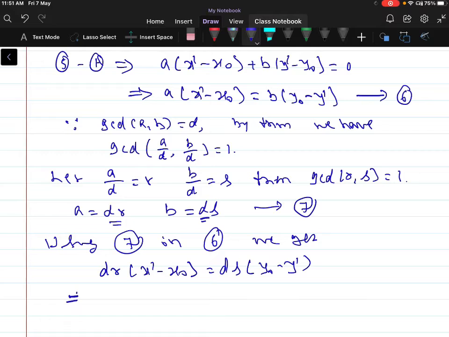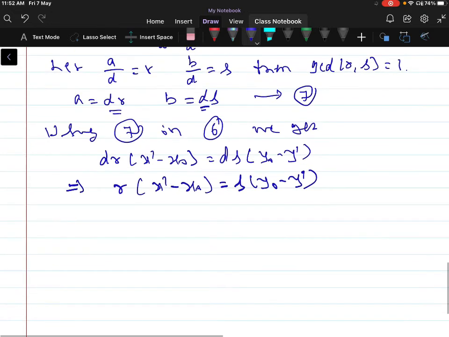So d gets cancelled here, r into x dash minus x naught is equal to s into y naught minus y dash. So this implies r divides s into y naught minus y dash.